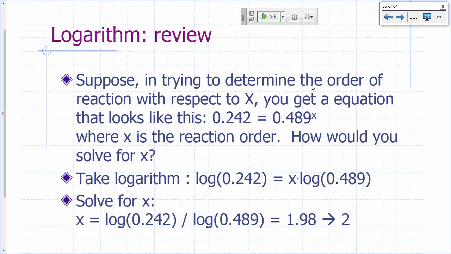Okay, so let's do a little review of logarithms. Generally when you do these problems, you end up with an expression that might look something like this. So you might say 0.242 is equal to 0.489 raised to the x. So you're not going to get nice round numbers in a typical situation. Okay, how would I solve for x here?